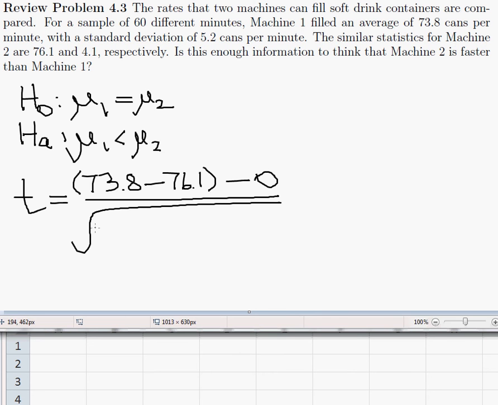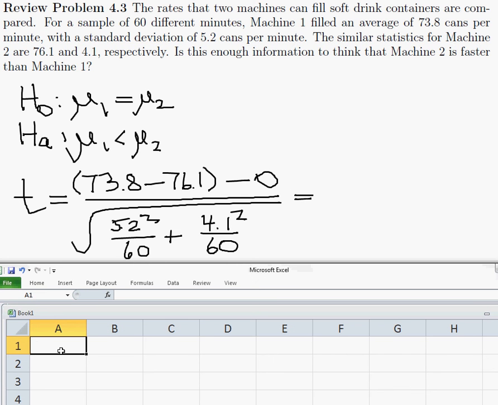And the standard error for the difference will work out to be 5.2 squared divided by 60 plus 4.1 squared divided by 60. It's a combination of the two different standard errors for the individual averages. So we get a larger standard error for the difference of two things.